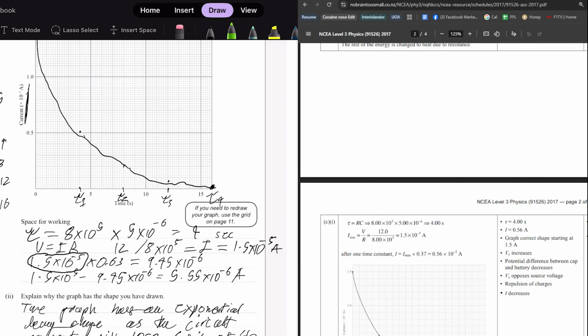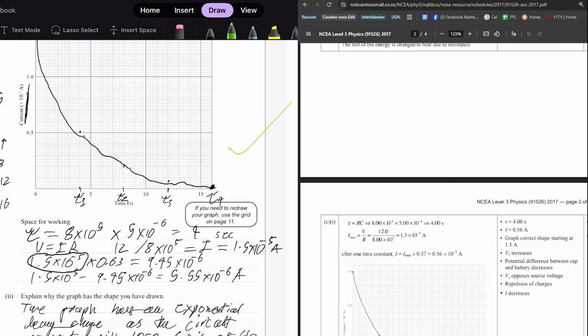What did I say? Okay, so if we move it back here. After one time constant, 0.56, which is what we get here. You have to get both parts. So the second part, this graph is correct. Graph of decay curve, exponential decay, same thing. Its capacitor begins to get charged.